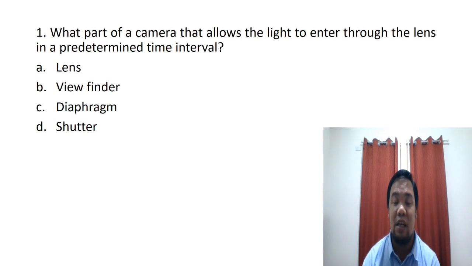Shutter is the door of the camera which uses time interval in order to allow the light to enter through the lens. So the shutter can be controlled by the shutter release button. So one press of the shutter release button allows the shutter to move.